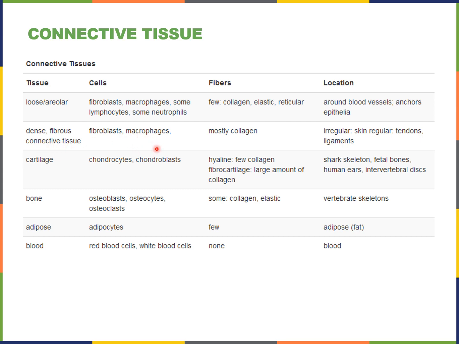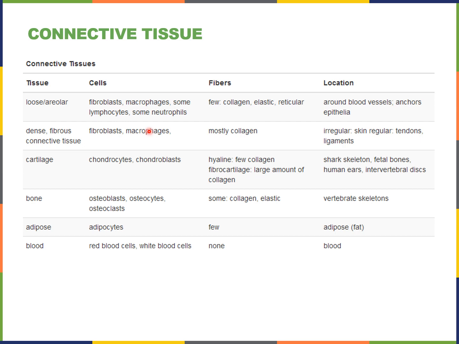These are our fibroblasts and macrophages. These are mostly collagen. I should mention too, macrophages are also responsible for immune system functions. Essentially, they're kind of a white blood cell, and they kill other microorganisms and remove dead cells. They stimulate other actions of the immune system as well.